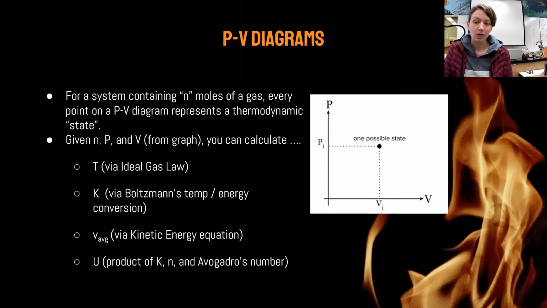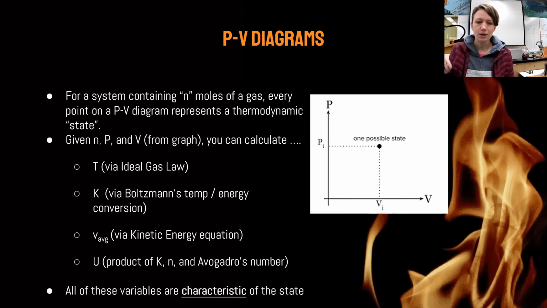You also could figure out U, and this ends up being the most important thing that you can figure out from that data point, the state, because U is the product of the average kinetic energy multiplied by the number of molecules in the sample, which is n times Avogadro's number.